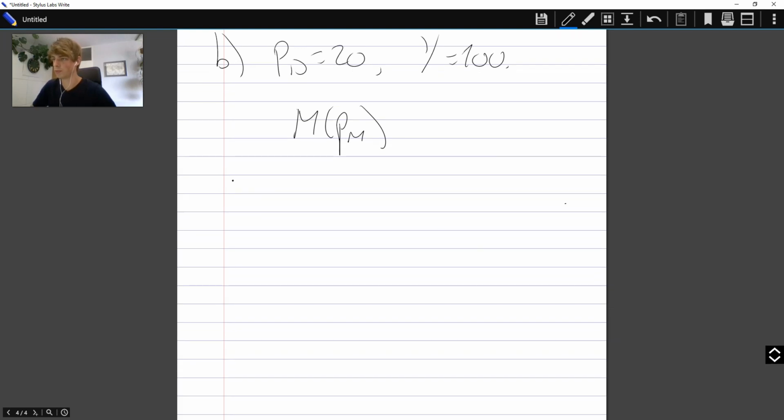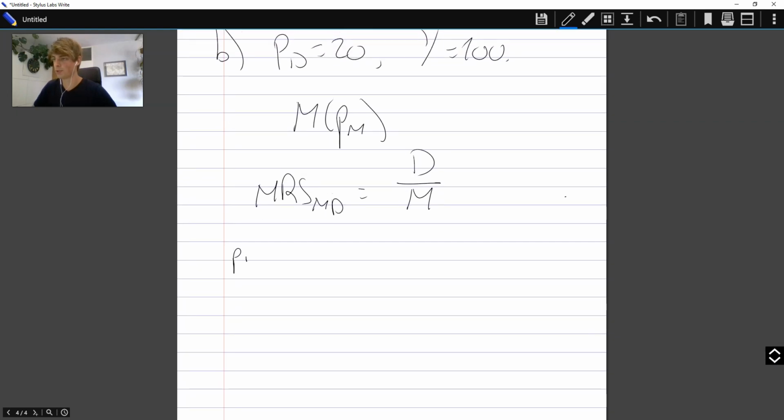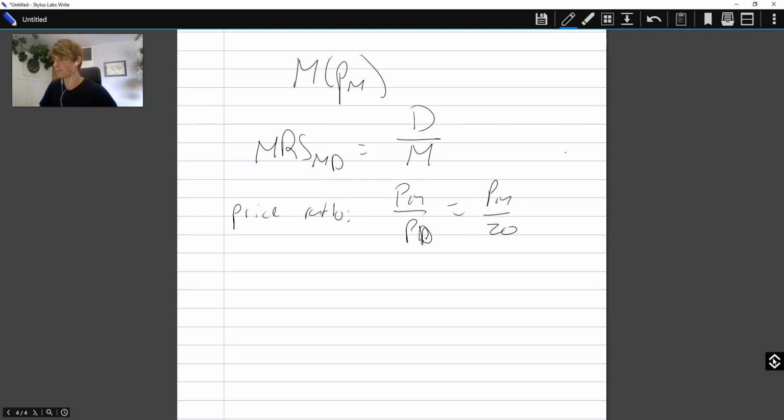Okay, so recall that the MRS was D over M. Now the price ratio: in the price ratio we leave PM as an unknown, but we can plug in PD equal to 20, so the price ratio now equals PM over 20.